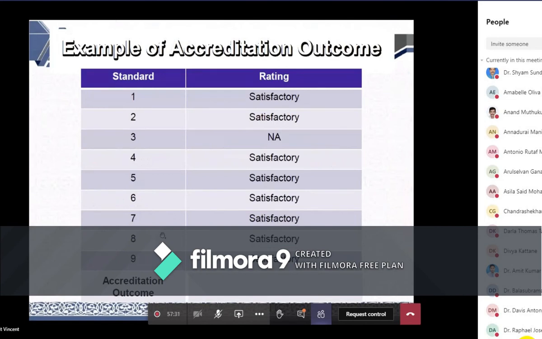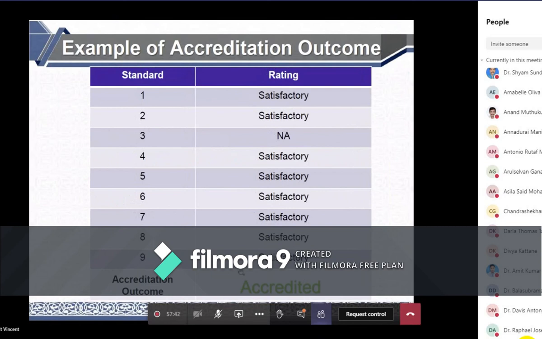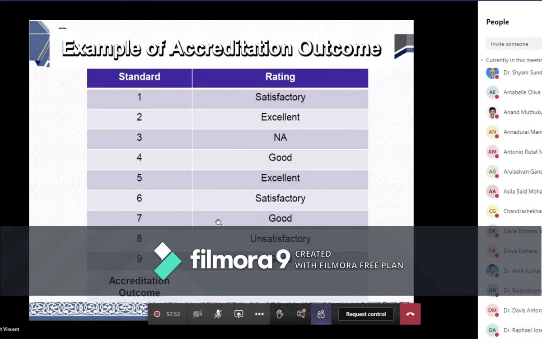Let's take some examples. Say for example, I have standard 1, which is satisfactory. All the standards are satisfactory. That means, as I said, we are going to get an accreditation. If I say satisfactory, there are not going to be 1s and 0s. Let's take this example.